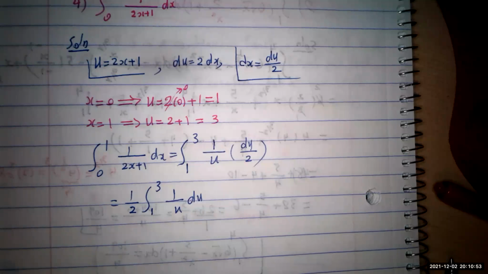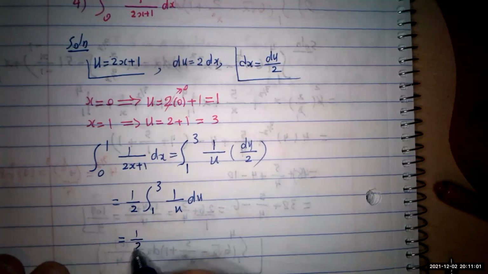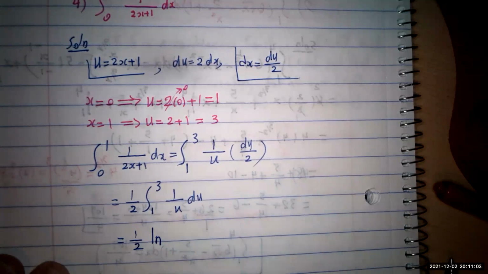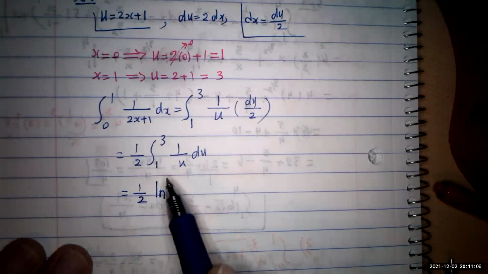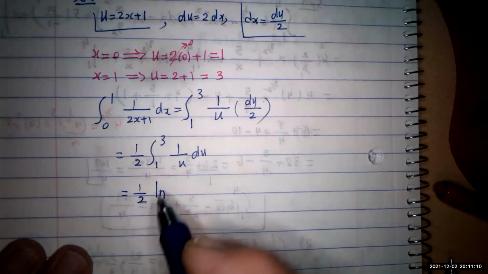So what else? Now we integrate it. Integral of 1 over u would be ln u. So it's going to be half ln. We usually go with the absolute value of u, but everything is positive here. So, you can do the absolute value if you like.